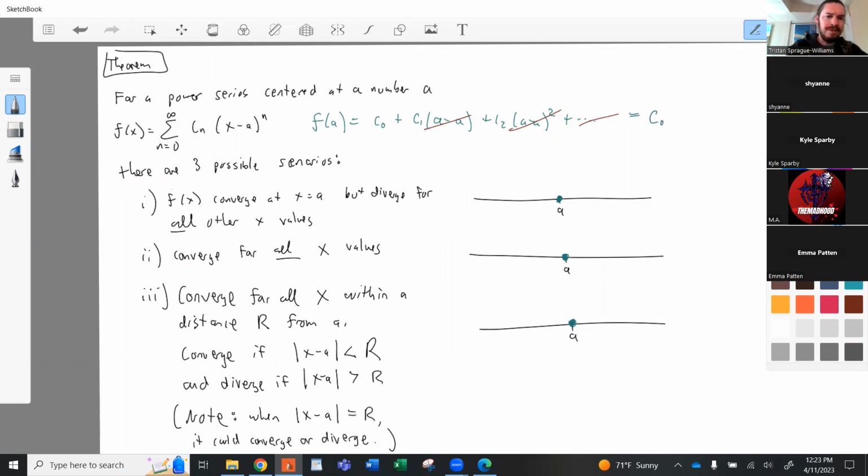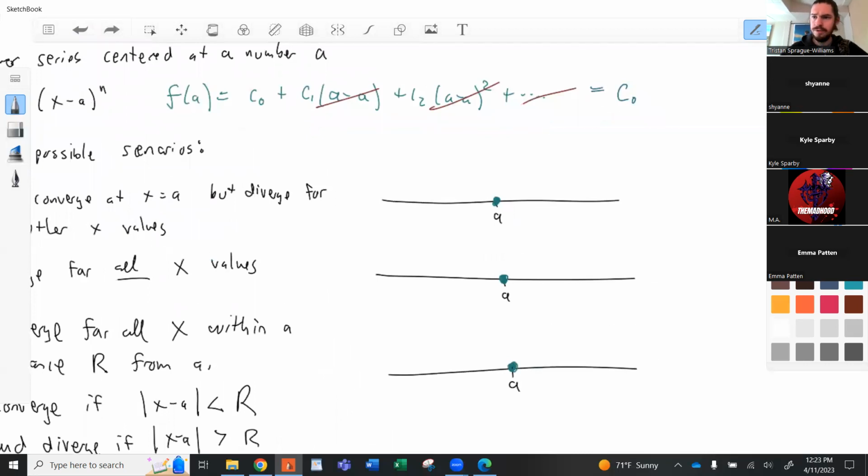So in case number 1, that's the only place where it converges, and it diverges for every other possible value. So in case number 1, we'll say it's diverging over here, let's make that nice and orange, diverging over there, diverging over here. So diverge, diverge, and convergence happens only right there.